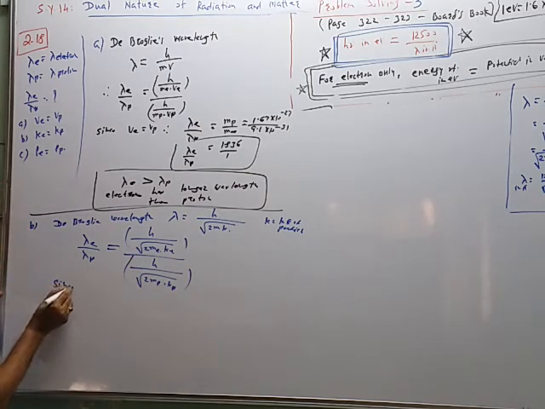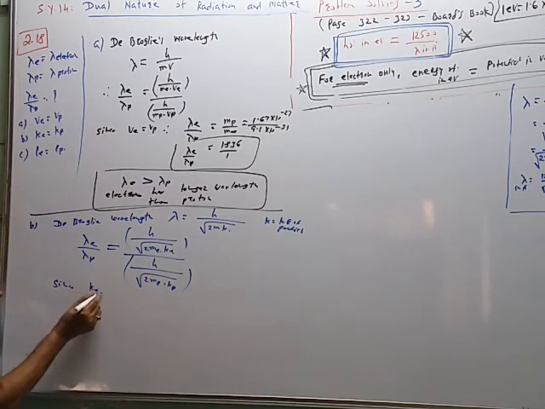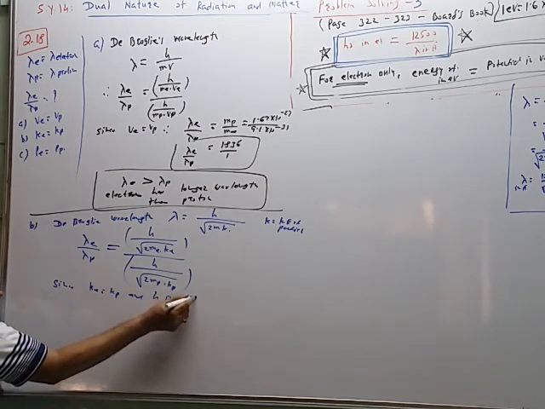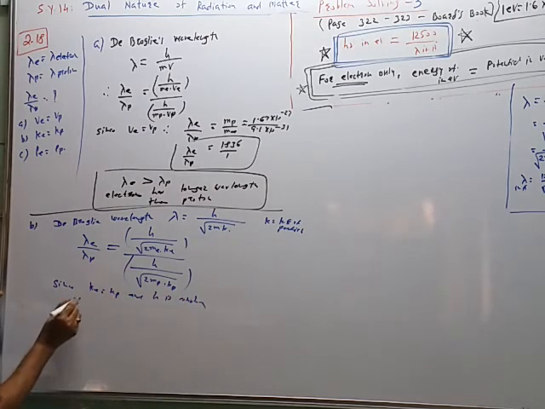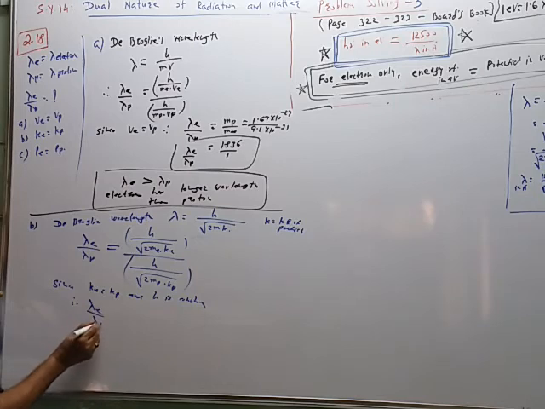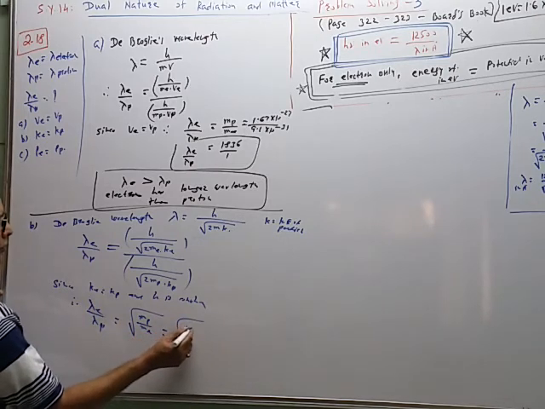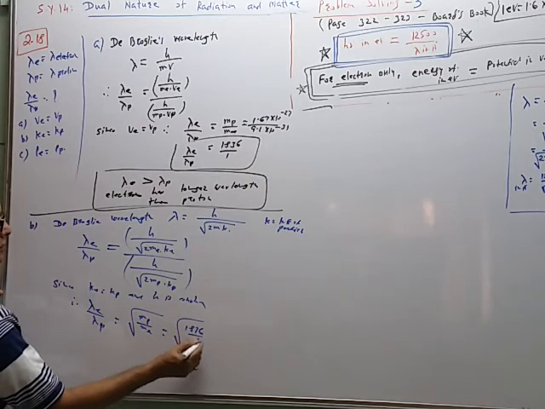Since Ke is equal to Kp and h is constant, therefore lambda electron upon lambda proton is equal to, under root of mass of the proton upon mass of the electron, is equal to under root of 1836 upon 1.